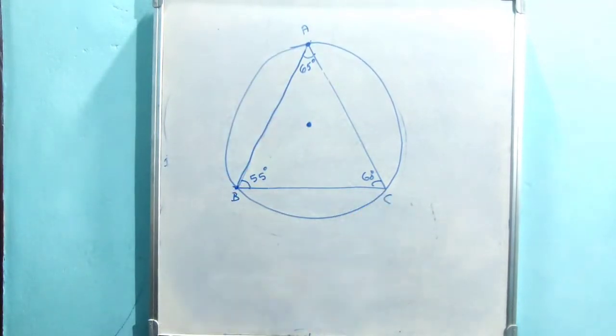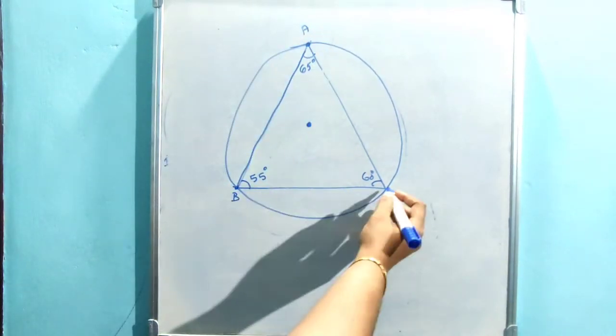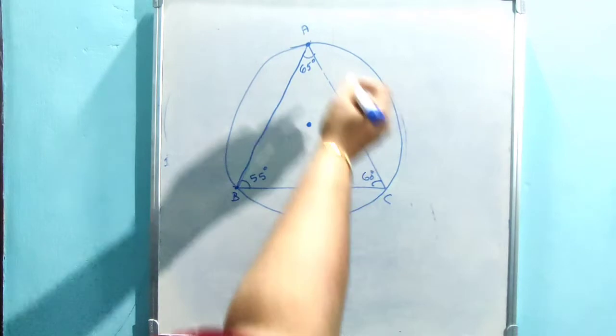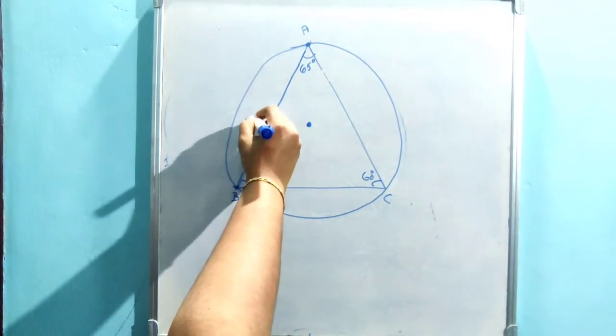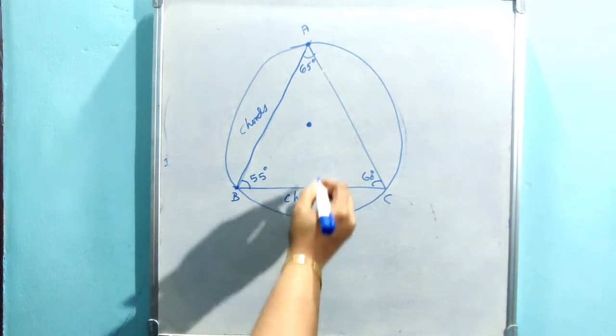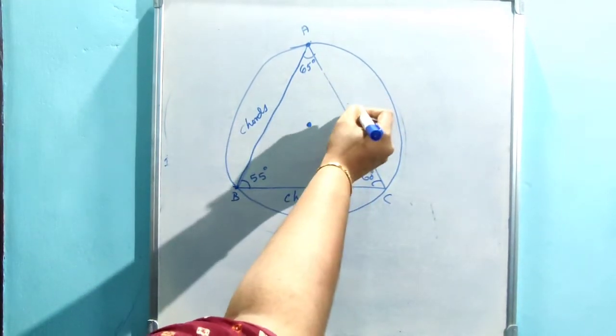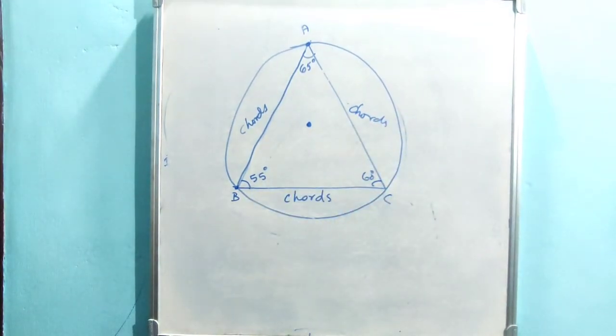A, B and C are 3 points on the circle, and AB is a line connecting 2 points, BC is also a line connecting 2 points on a circle, and AC is also a line connecting 2 points on the circle. So all these are called chords, right? That means the sides of the triangle are chords of the circle.